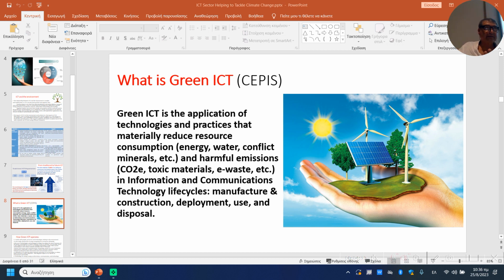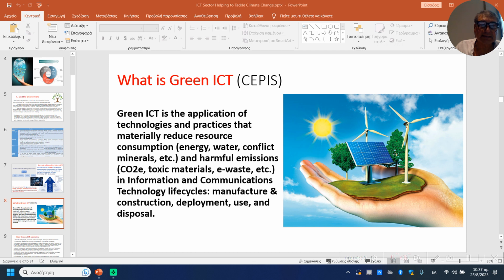At the moment, we have the tendency to go to green ICT. And because I'm a member of CEPIS, the organization of the computer specialists of Europe, CEPIS has a definition: what's green ICT?